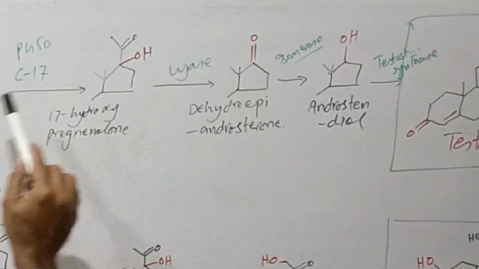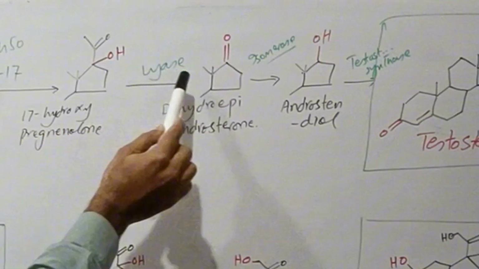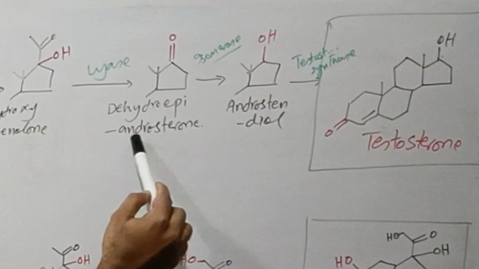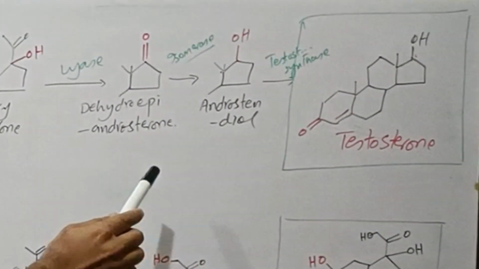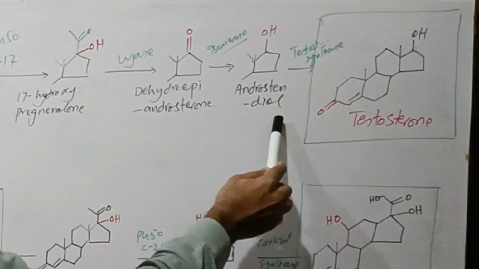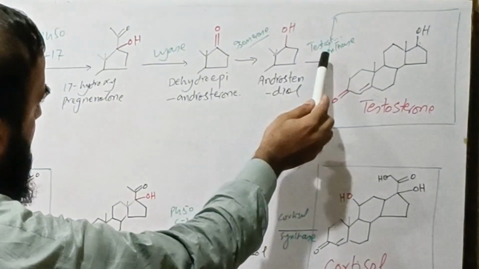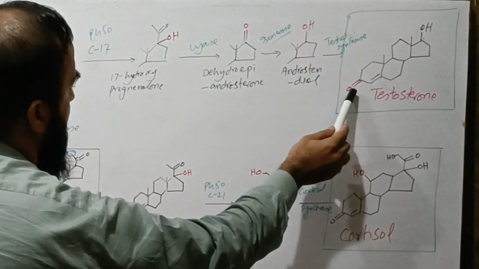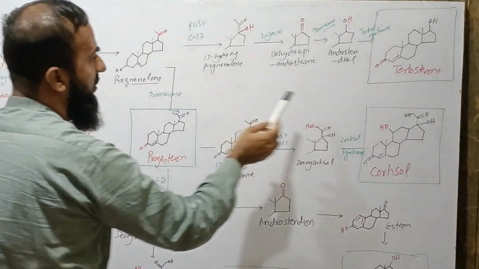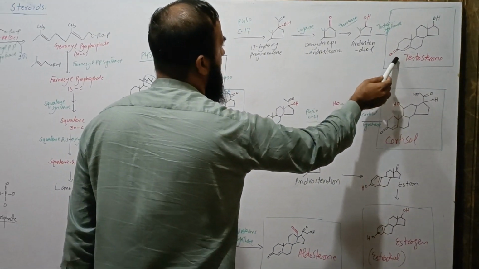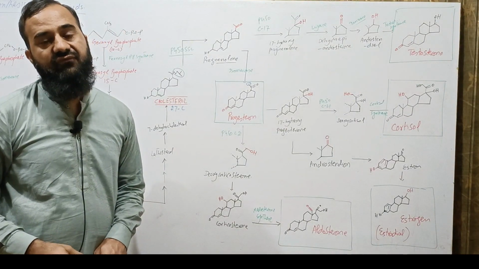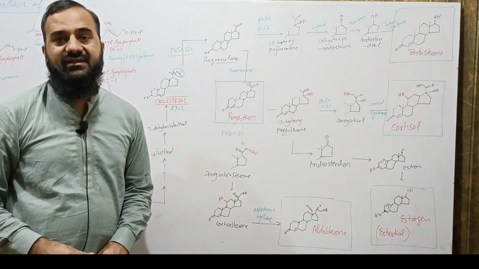The rest of the structure is the same as this and we get dehydroepiandrosterone. This undergoes isomerization and we get androstenediol, and in the presence of testosterone synthase it undergoes changes at carbon number 17 of ring D here and we get testosterone. So this is all about the biosynthesis of steroids in the body. Thank you very much.